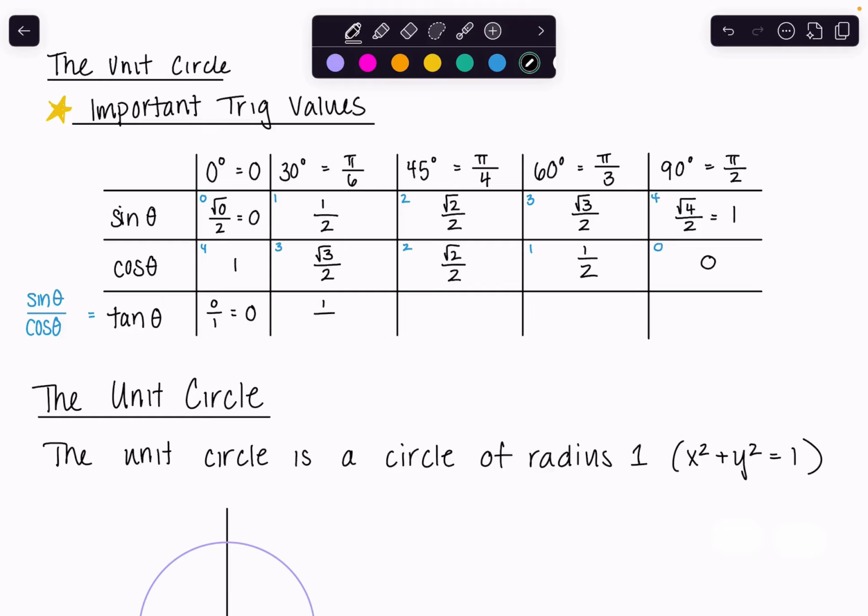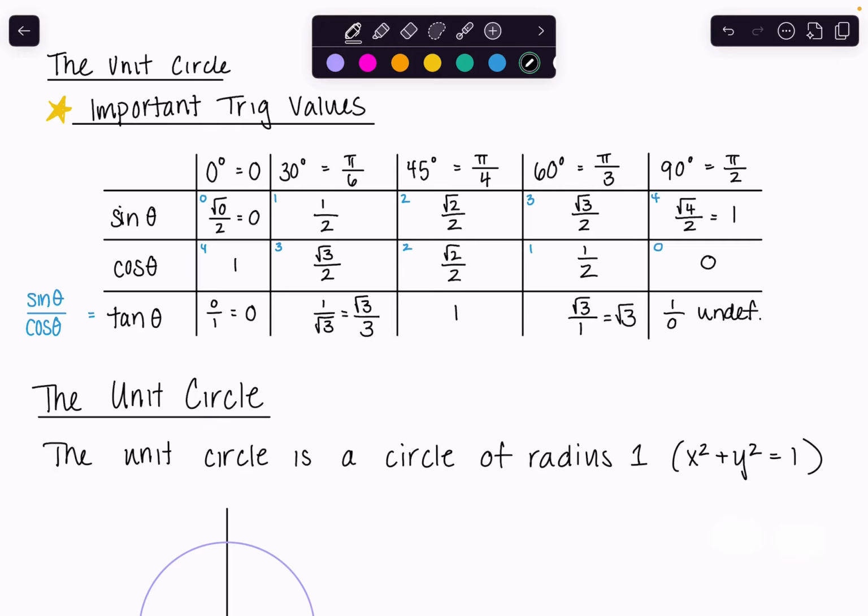So really you just end up with those numerators. 1 over root 3, which rationalized would be root 3 over 3. Dividing by these is the same, and then here you get root 3 over 1, which is root 3. Unfortunately for this last one, when you try to take 1 and divide it by 0, tangent of 90 degrees, or tangent of pi over 2, is undefined, okay?